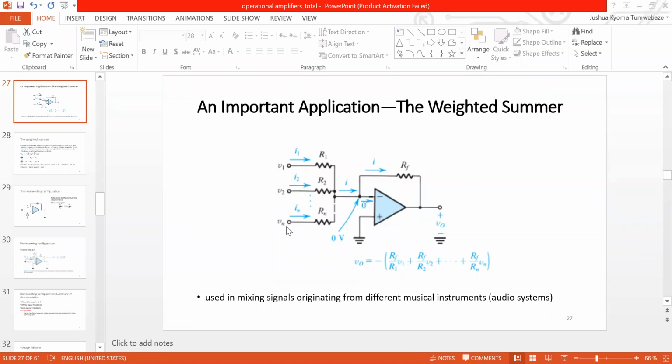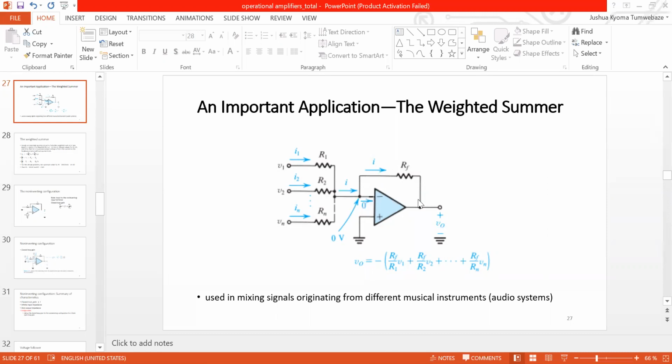And then various other inputs up to Vn applied through Rn. We apply all of these to the inverting input terminal.